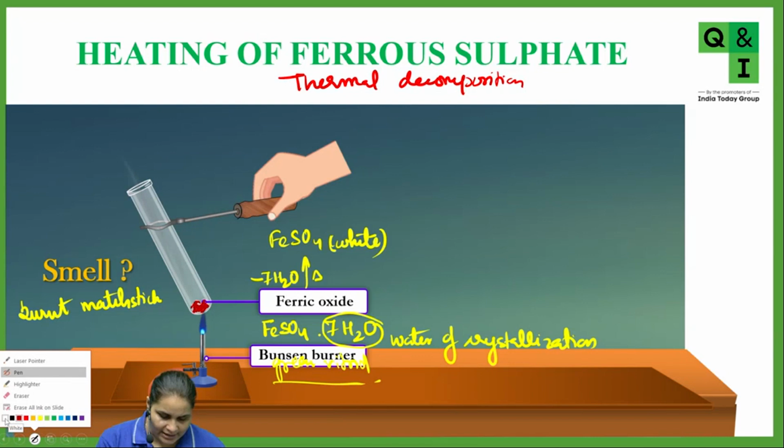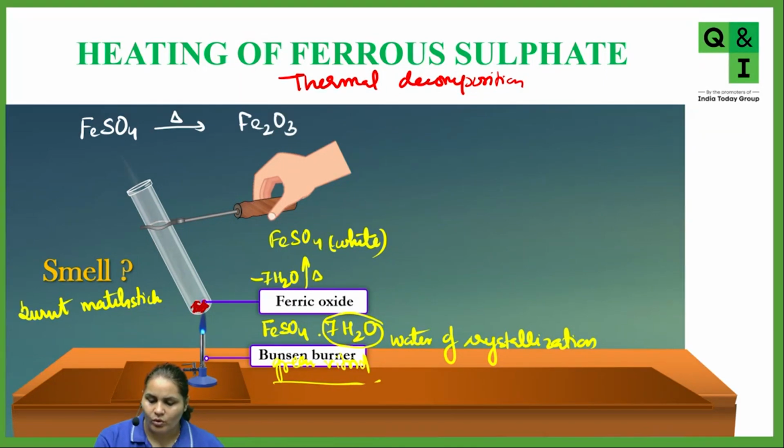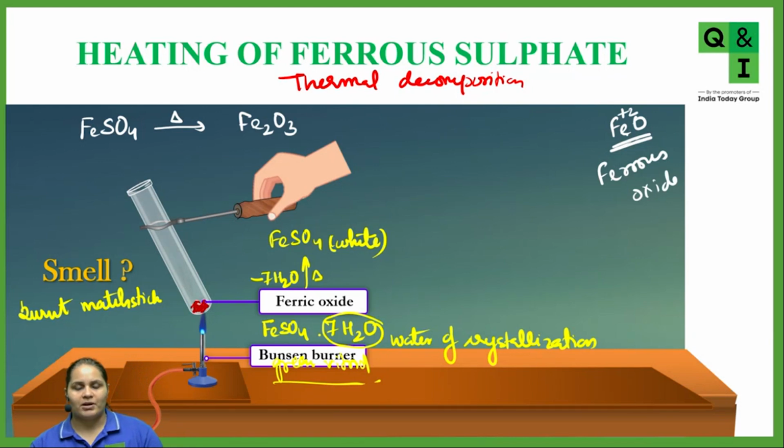Now, what is that reaction? FeSO4 on heating gives ferric oxide, Fe2O3. Just listen to this: when I write FeO, it means ferrous oxide, because here iron is in +2 state, and here iron is in +3 state.